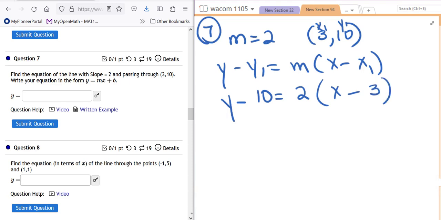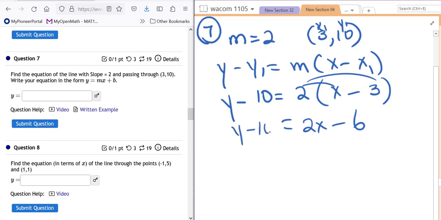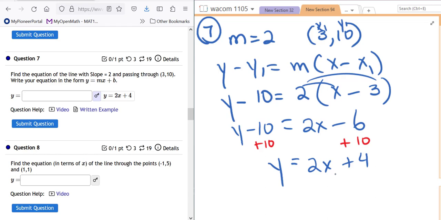Then we have to clean up and isolate the y. So distribute, so 2x minus 6, and then you will add your 10. That's a good equation.